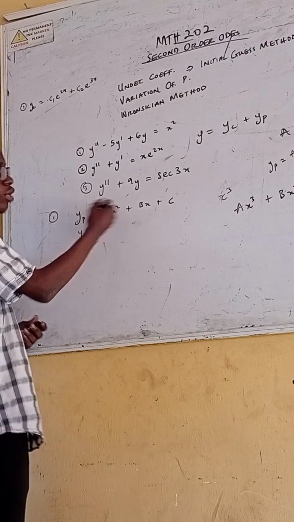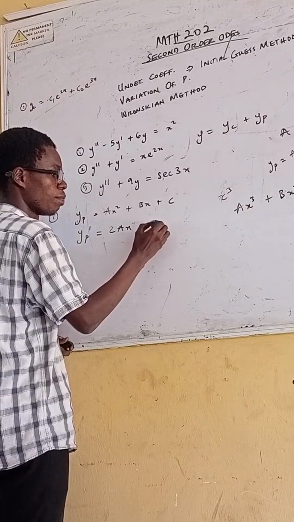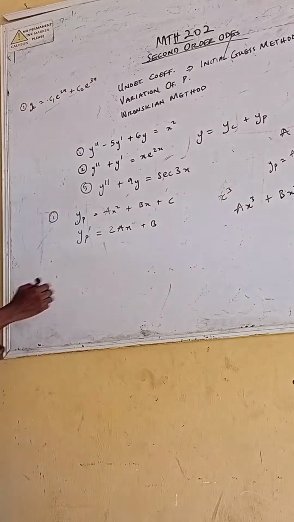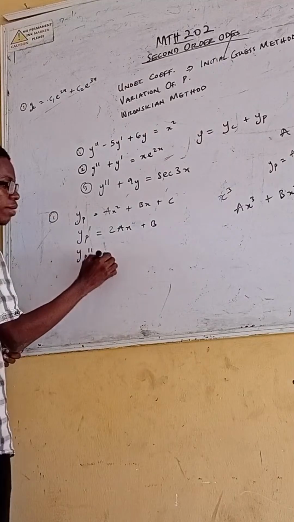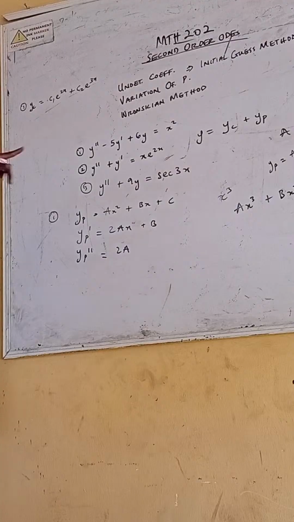So yp equals, let's differentiate this, 2ax plus b. Yp double prime equals what? 2a, and that's all. So we are going to substitute into the original equation.